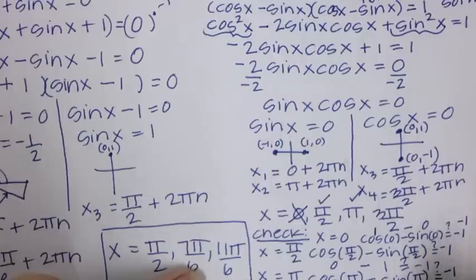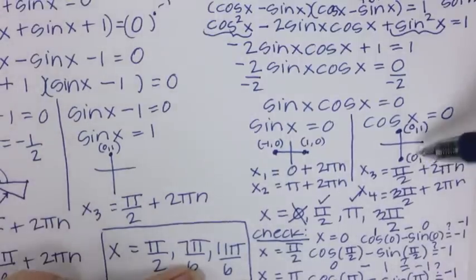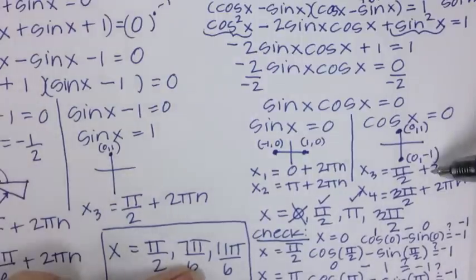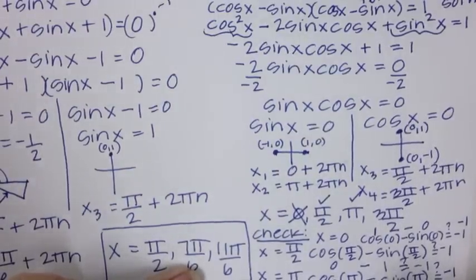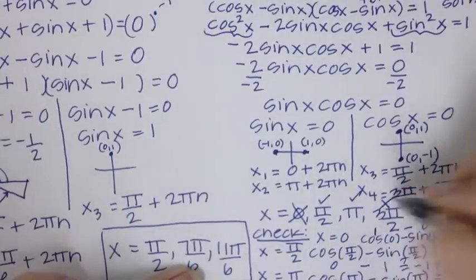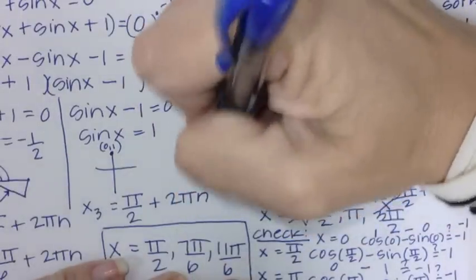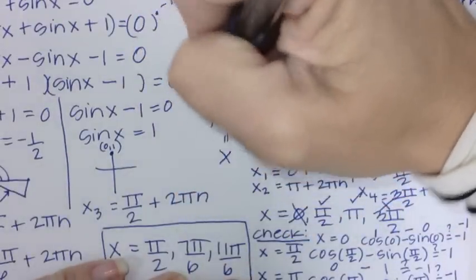So the cosine of 3 pi over 2 is 0. So this little piece is 0, and then I'm subtracting the sine of 3 pi over 2, which is negative 1. So when I subtract that negative 1, it becomes positive 1, so that doesn't work. So my only two solutions for this problem are pi over 2 and pi.